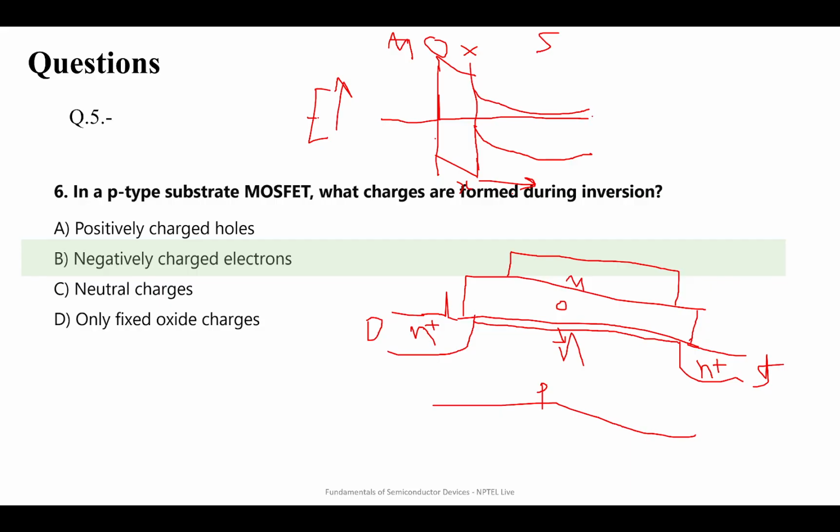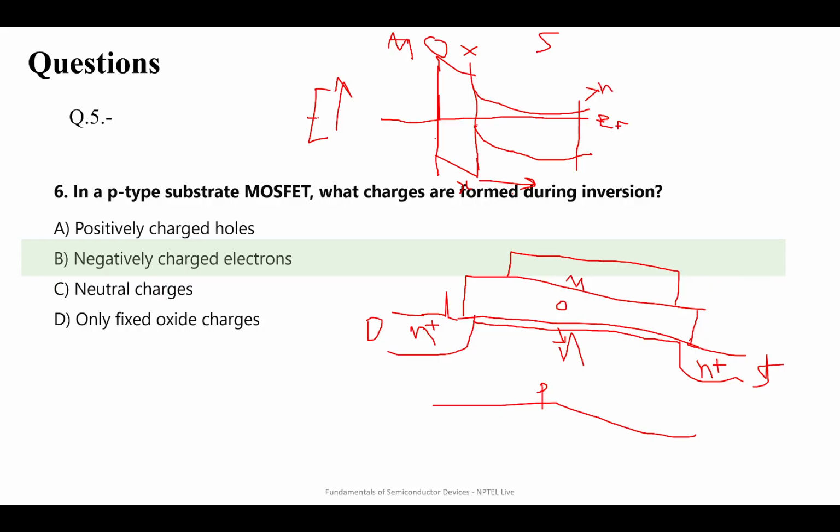If you see here, this straight line is your Fermi level EF. If I make a cross section here, you can see this Fermi level is close to your conduction band, so this will be your N type.